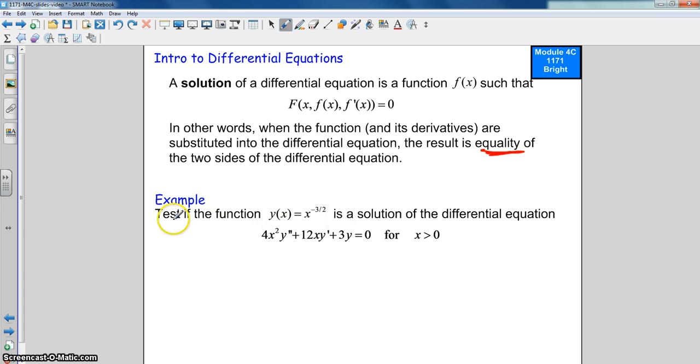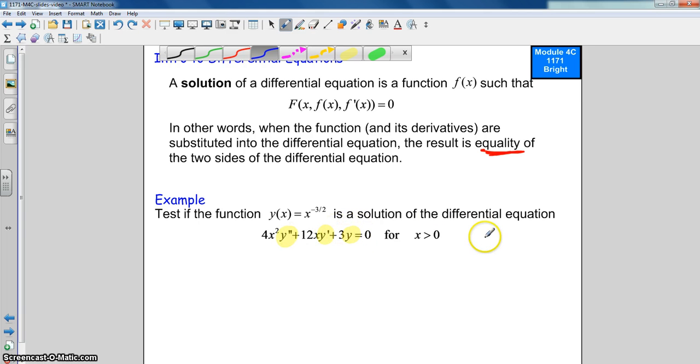So here, what we want to do is test if the function y is equal to x to the minus 3 halves is a solution to the differential equation given here. Well, I need to substitute in for y double prime, y prime, and y. Okay, so I need to first find these derivatives.